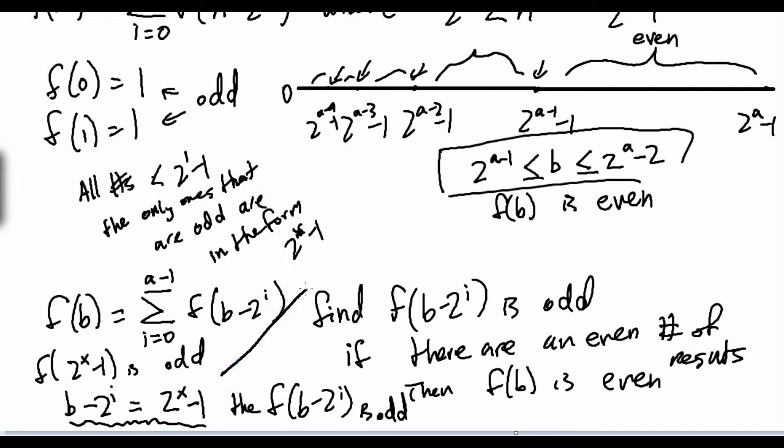So let me just move this. That means b equals 2 to the x plus 2 to the i minus 1. So what values can this be true for, where b is in the range of 2 to the a minus 1 and b is less than 2 to the a minus 1 minus 2?